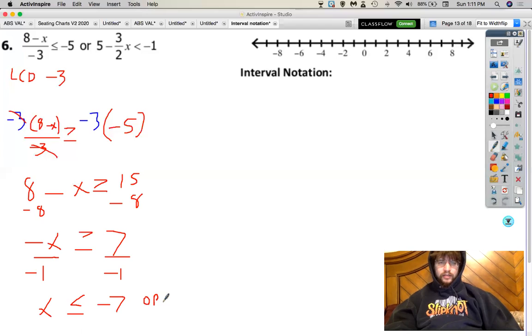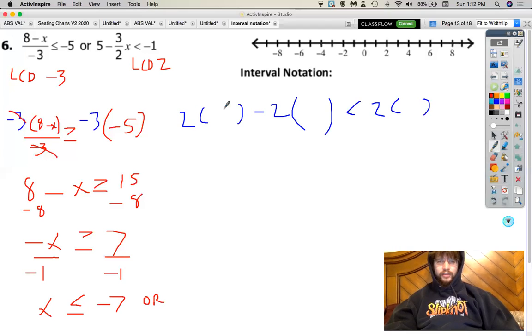All right, let's solve the other side. LCD on this one is going to be a 2. So I'm going to do 2 times the 5 minus 2 times the 3/2 x, less than 2 times the negative 1.